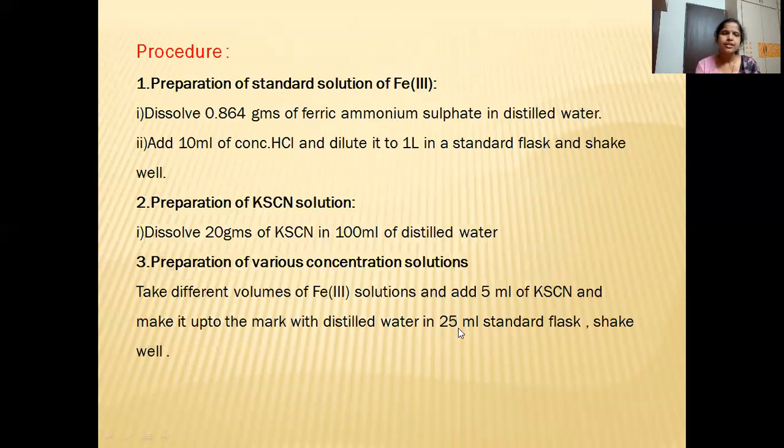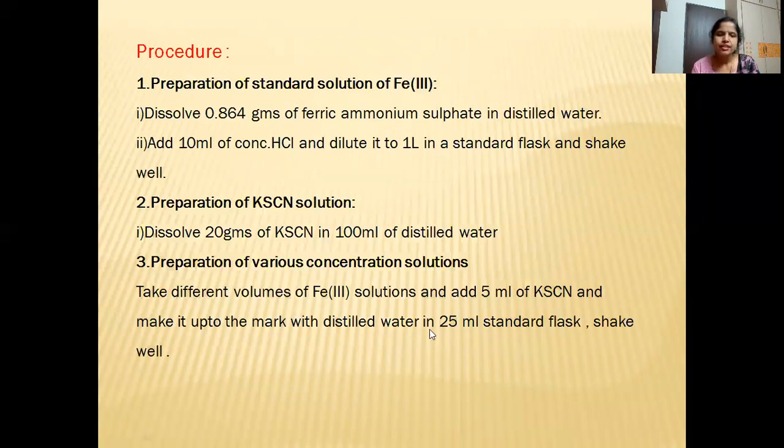In those you have to take the standard iron solution which is prepared in the first step. In the first standard flask you can have 10 ml, in the second you can take 15, then 20, 25, like that.